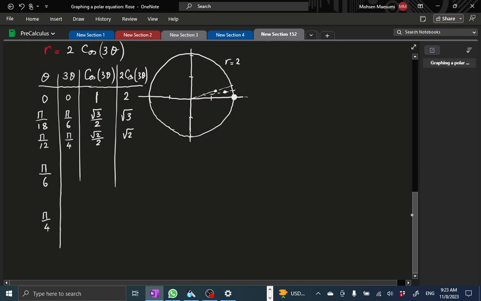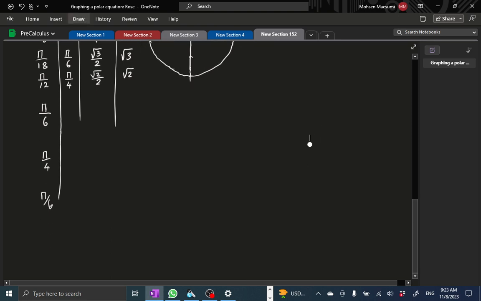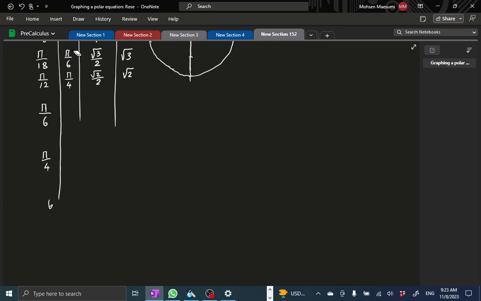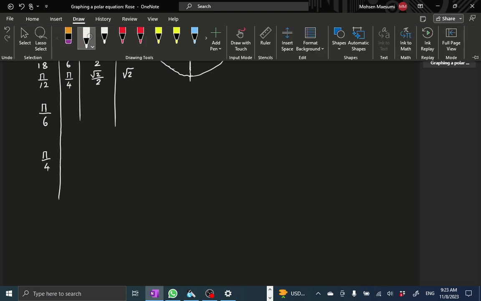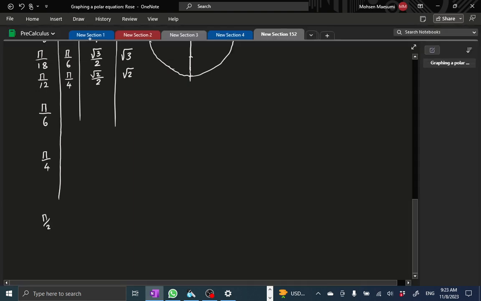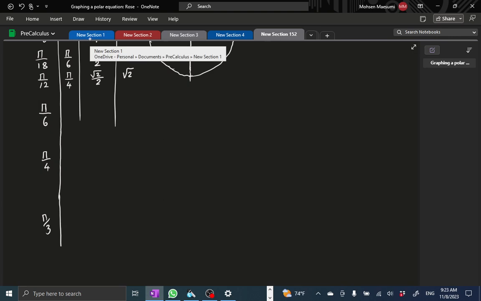Well, what comes after pi over 4? After pi over 4, we have pi over 3. I need to redraw.